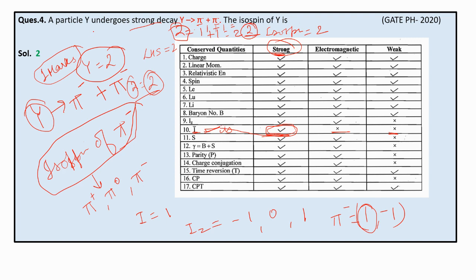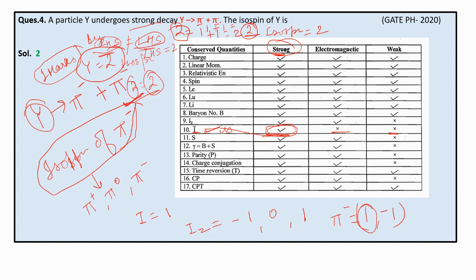So they will put the question in such a way where the right hand side isospin is not matching with the left hand side isospin. And if the process is going by strong interaction, you will say this process will not happen because isospin is not conserved. But if the process is going on by electromagnetic or weak interaction and isospin is not conserved on both sides, then the process will proceed.